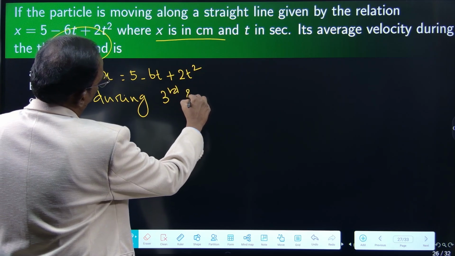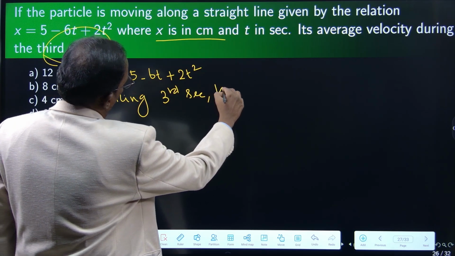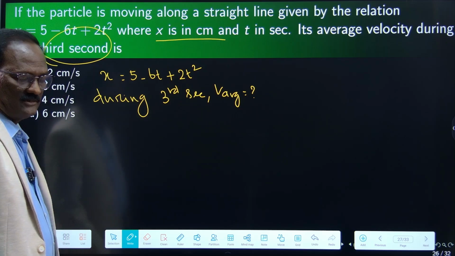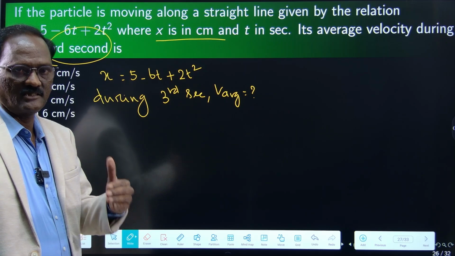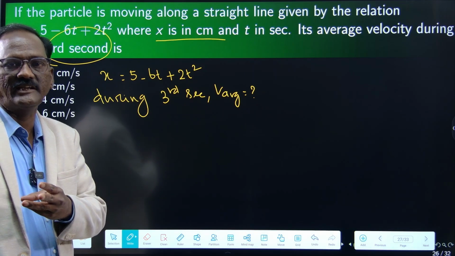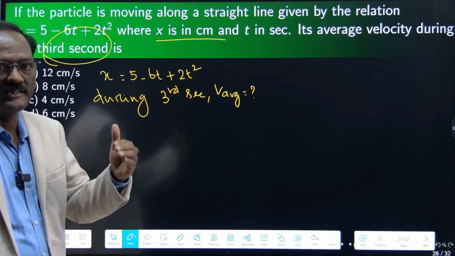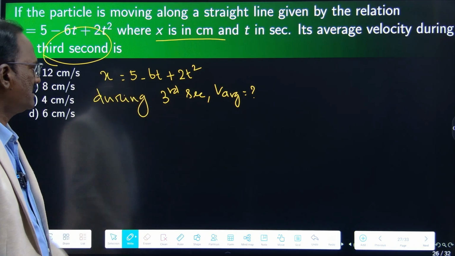What is V average? That means it is divided in terms of seconds. Third second means already first second is there, second is there, third second. So between second to third second, right?